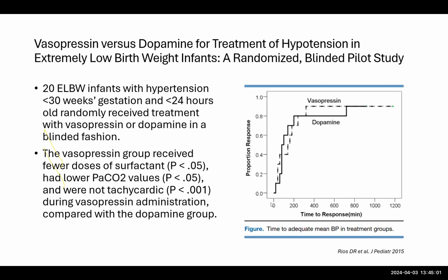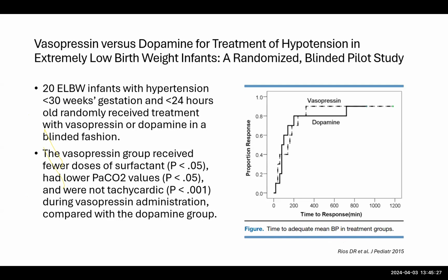One of those studies was published a couple of years ago. Not a small study, it's very important, yet a pilot study published from Texas in the Journal of Pediatrics, year 2015. People were looking at vasopressin versus dopamine for treatment of hypotension. In this pilot study, they looked at 20 extremely low birth weight infants, less than 30 weeks and less than 24 hours.